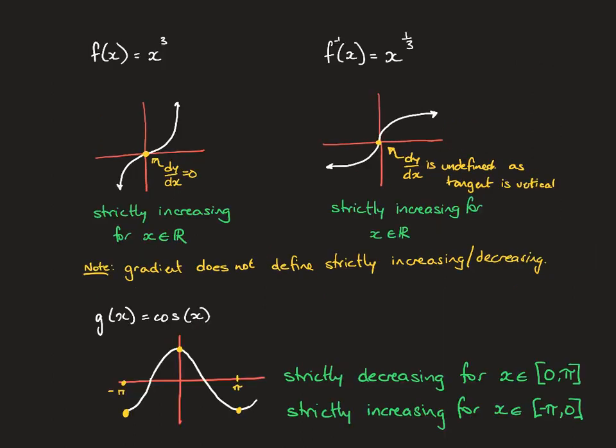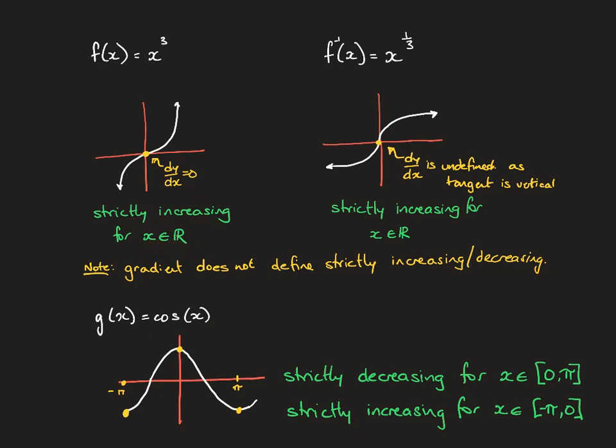So when we're working with power functions and trig functions, we have some situations where we have increasing functions, like x to the power of 3. This is a strictly increasing function. Even though we've got a derivative that's equal to 0 here, the gradient doesn't actually define what is strictly increasing or strictly decreasing. This function is still increasing all the way along, so it's strictly increasing.